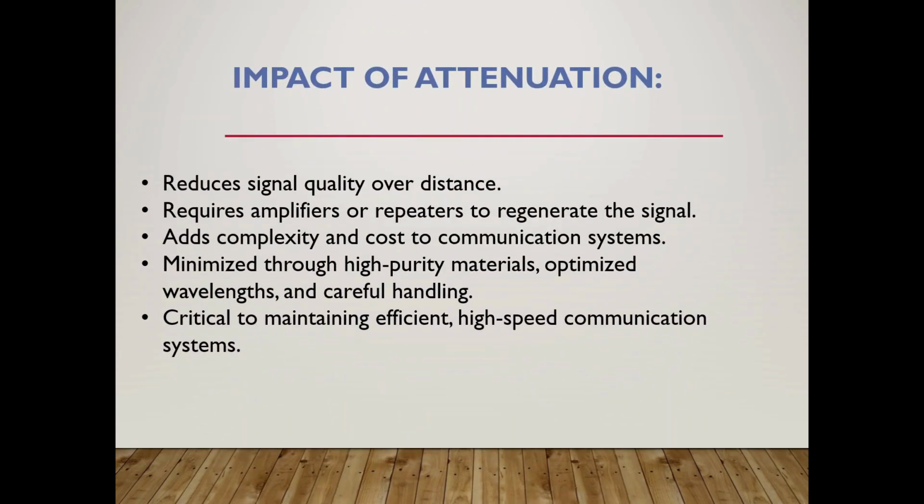Lower decibel per kilometer values indicate better performance and lower signal loss, whereas the higher the attenuation value, the lower the performance and the higher the signal loss. The modern single mode fibers typically have attenuation values of 0.2 decibels per kilometer at 1550 nanometers.